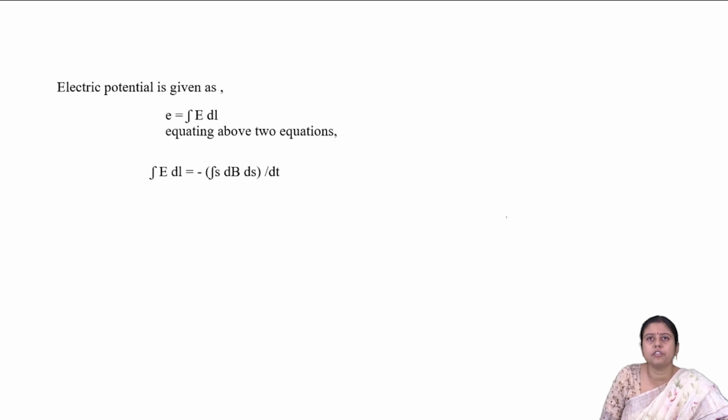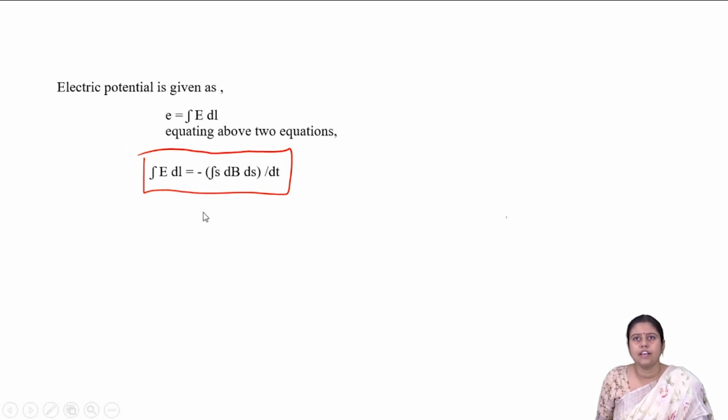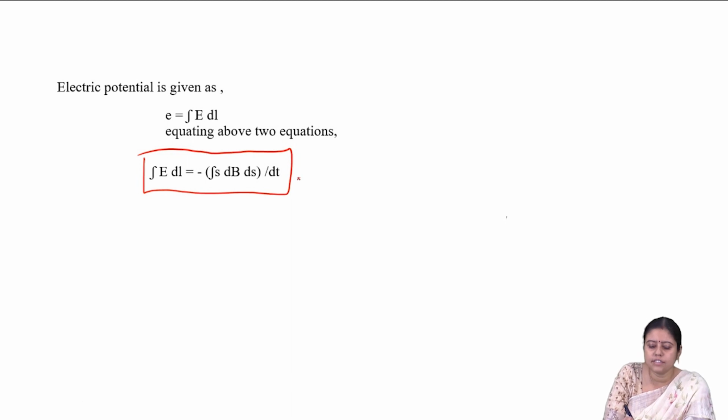Again, from the electric potential we can write E is equal to the integration of E dl, and if we equate the two sides, the integration of E dl is equal to minus d by dt of the integration of B ds. So this is the second integral form of Maxwell's equation.